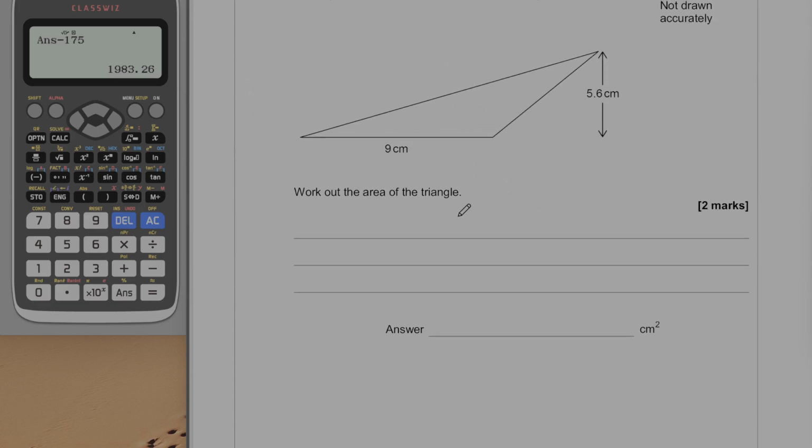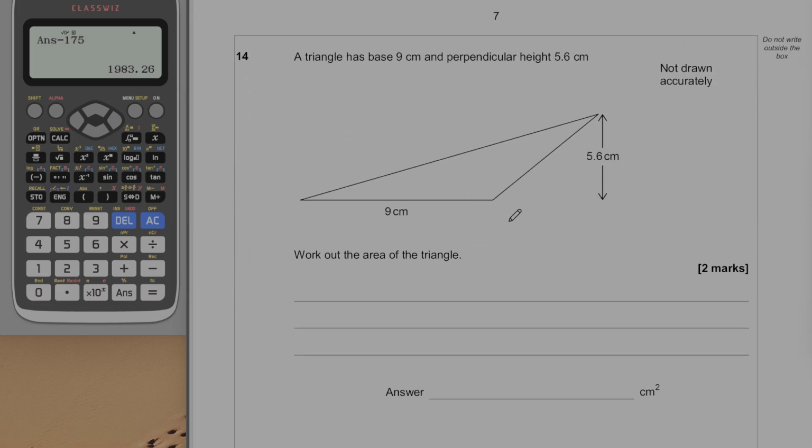Okay, question 14. A triangle has a base of 9 centimeters and a perpendicular height of 5.6 centimeters. Work out the area of the triangle. So the area of a triangle is equal to a half of the base times by the perpendicular height, so 0.5 times by 9 times by 5.6.